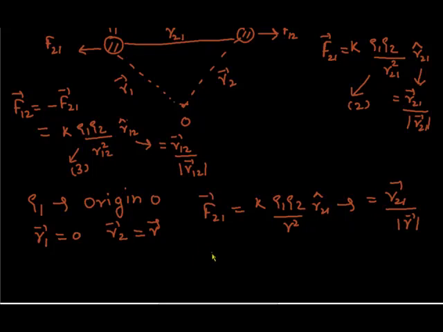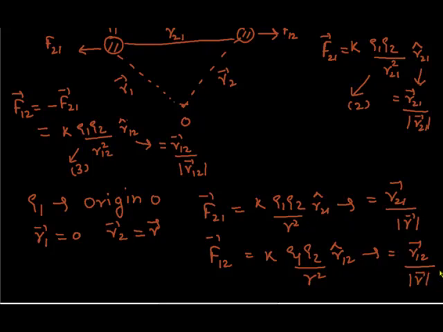Similarly, we can write F12 as K Q1 Q2 upon r square R12 cap, where R12 cap is directed from Q2 to Q1.